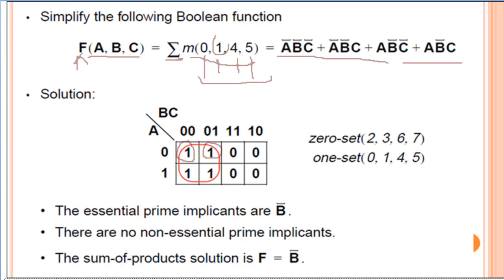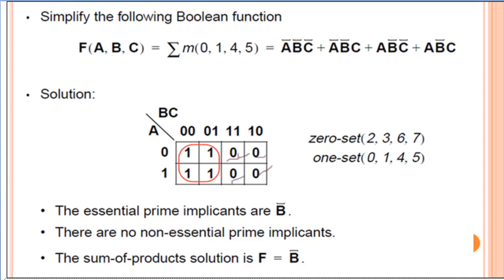Now this is 4, that means 1 0 0, so we put 1 in that location. This is 1 0 1, so we put 1 in that location. The rest of the min terms will be 0 obviously. Now the 0 set will be 2, 3, 6 and 7.